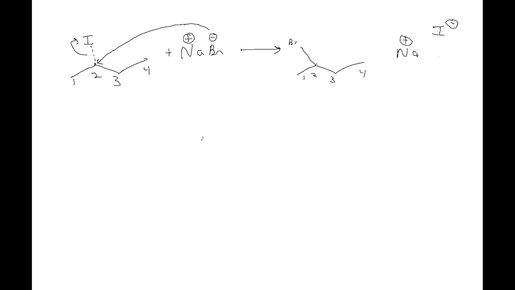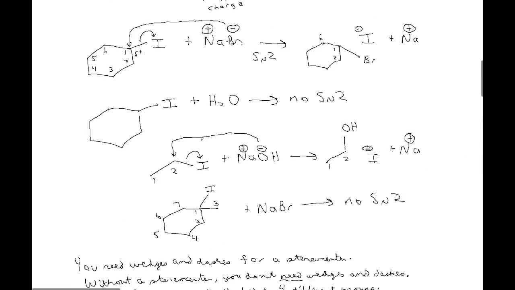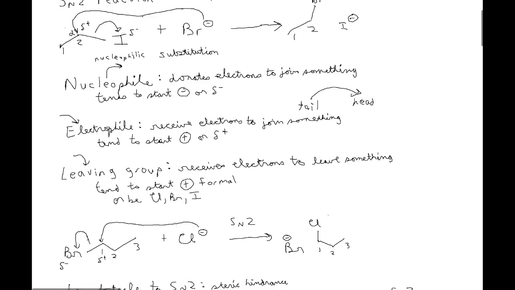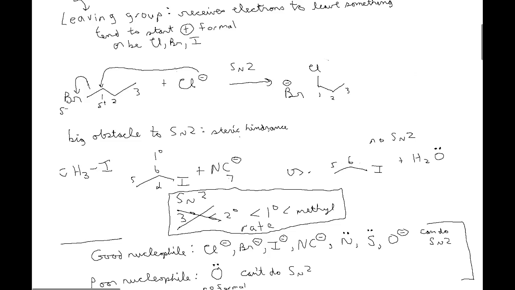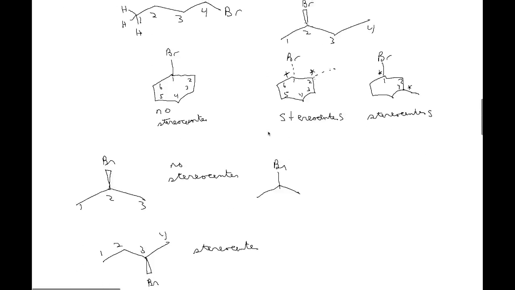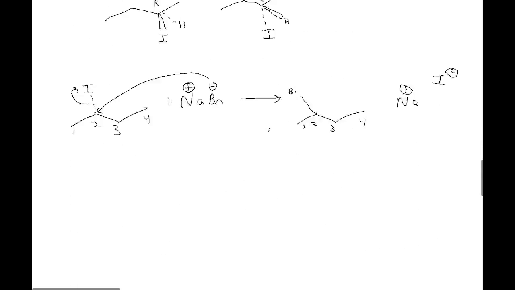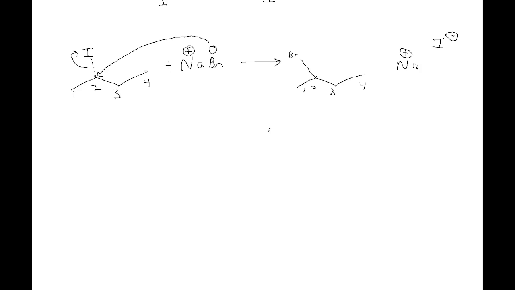Do you remember, what did we say was the big obstacle to SN2 reactions? Steric hindrance. That's right. That's good that you remember that. So, which side is going to have more steric hindrance to the bromine?